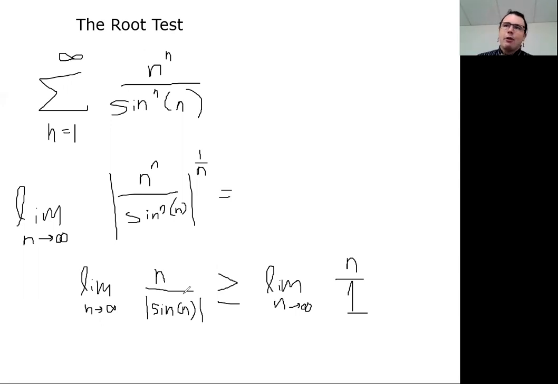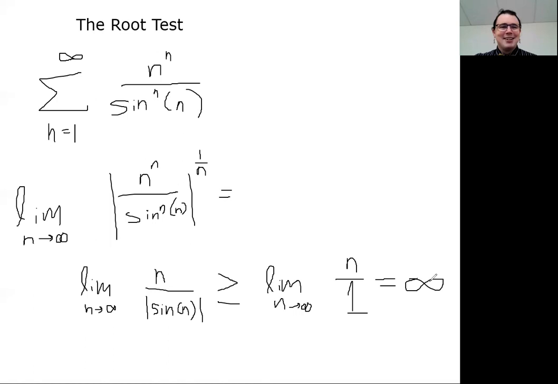If my denominator is a number smaller than 1, the effect of dividing by a number smaller than 1 is that I've made the numerator larger. So the limit that I care about has to be larger than a limit where the denominator is always 1, right? Making the denominator larger makes the fraction smaller. Well, this formula is easier to work with because I know that the limit as n goes to infinity of n is infinity.